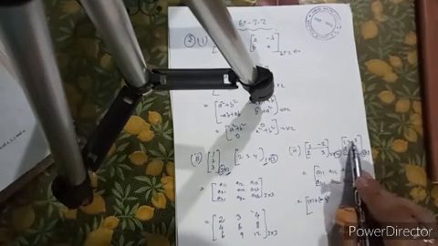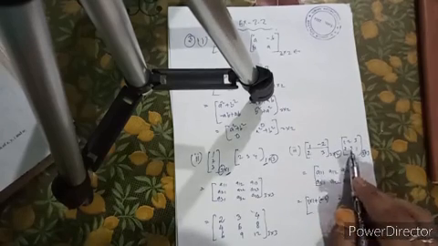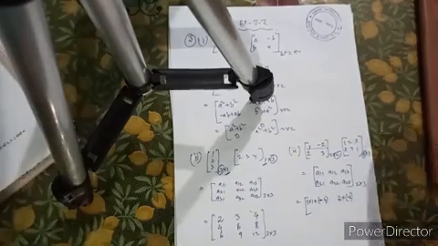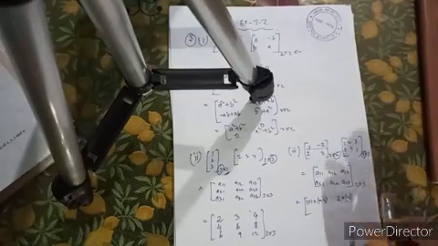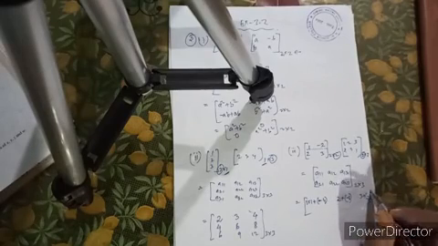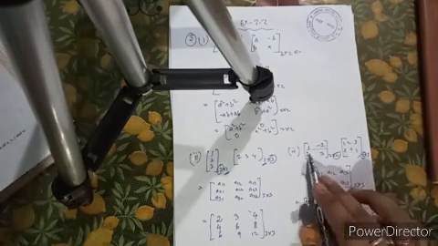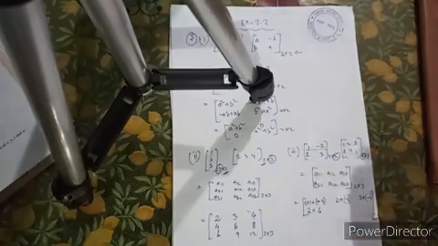Next is A12. Again first row, second column. So 1 into 2 will be 2 plus minus 2 into 3 will be minus 6. A13, again first row is same, you have to multiply with third column. So 1 into 3 will be 3 plus minus 2. Next is second row first column. 2 into 1 will be 2 plus 3 into 2 will be 6.